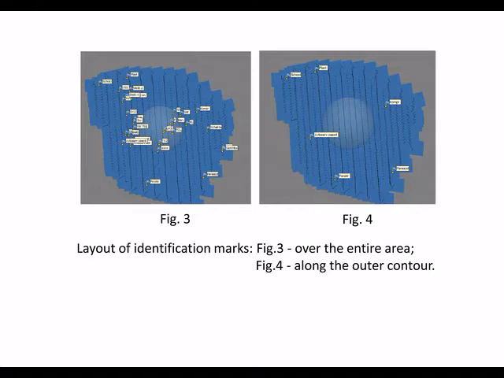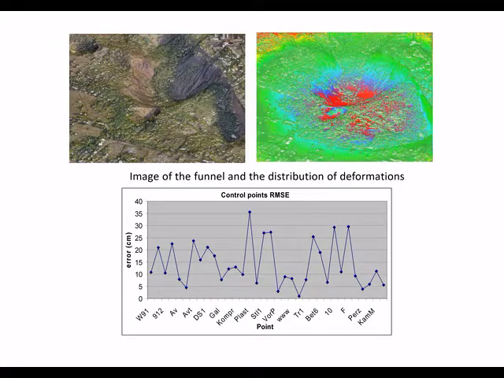Root mean square errors on identification marks are shown in the graph. From the results of the analysis made, it is possible to exclude identification marks, the errors of which are more than 0.25 meters, from the use of orienting images.